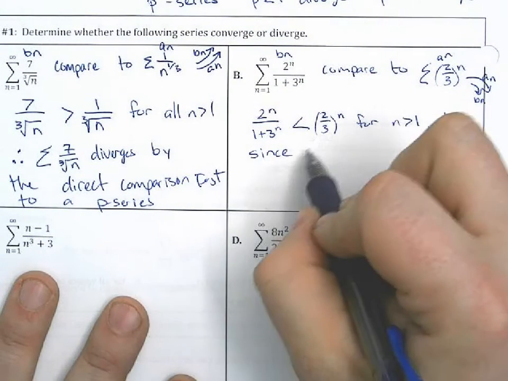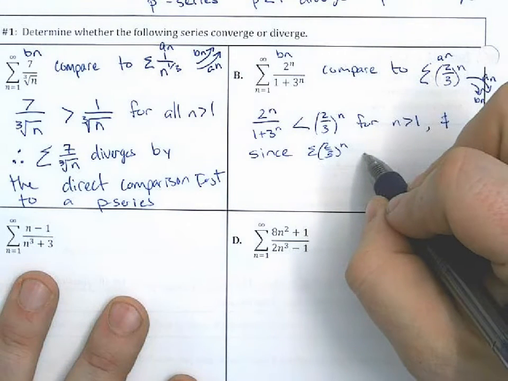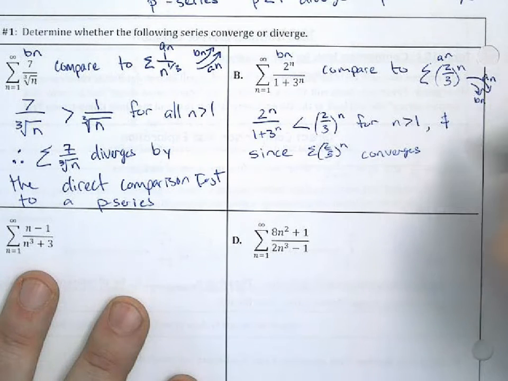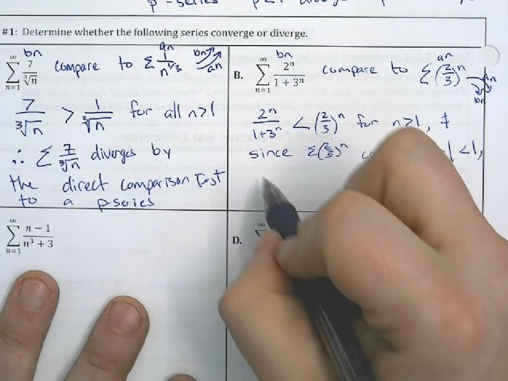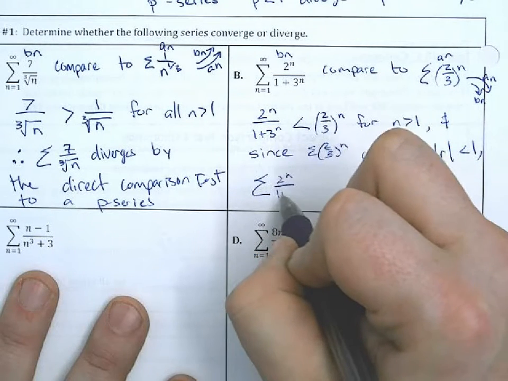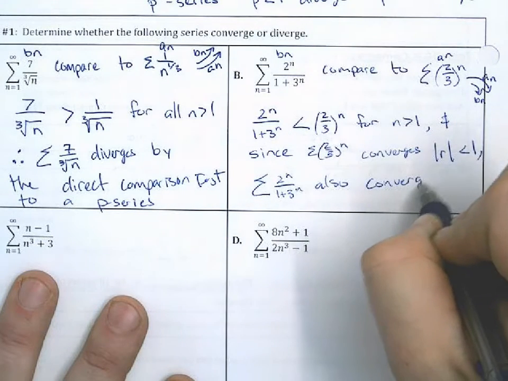And since (2/3) to the n converges because r is less than 1, 2 to the n over 1 plus 3 to the n also converges.